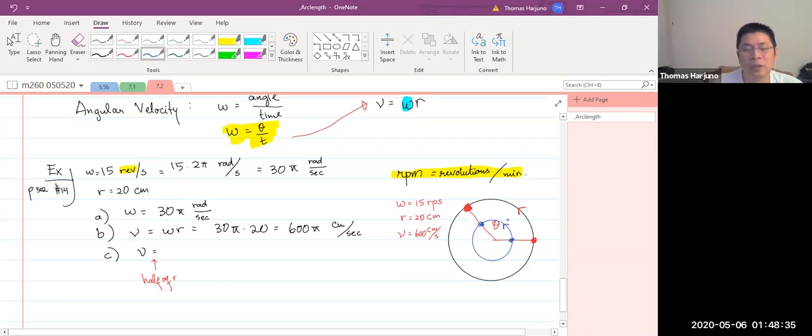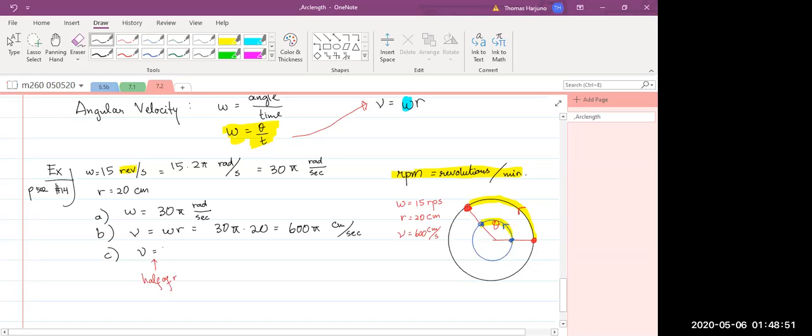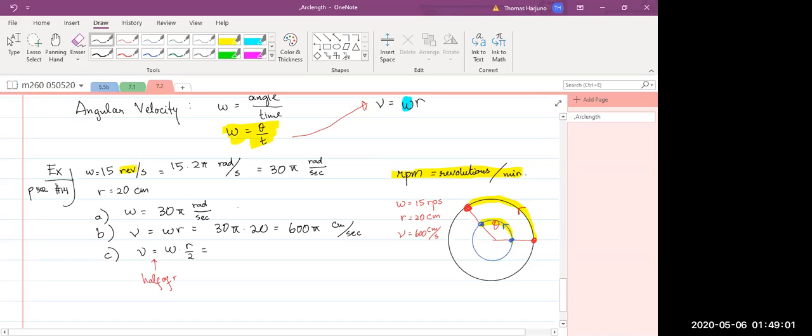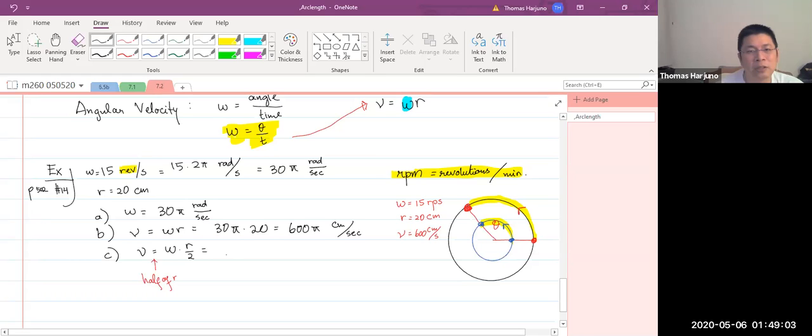Now the question is, what is the relationship between this linear speed when you halve the radius? Actually, you divide by 2, because the radius is half. So this is 30 pi times 10 instead. That will be 300 pi centimeters per second.